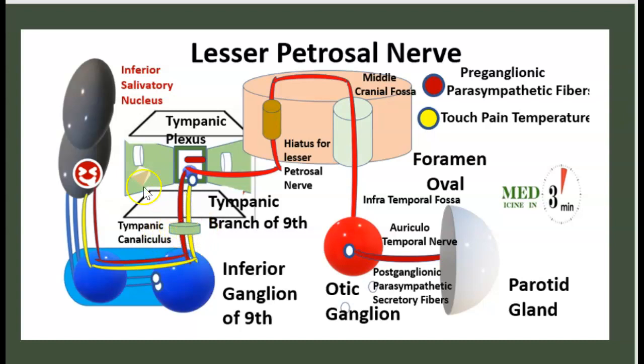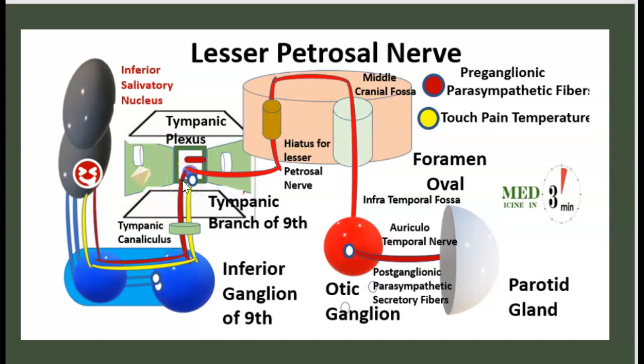They emerge through the floor of the middle ear through the tympanic nerve branch of 9 to reach the promontory at the medial wall of the middle ear cavity. They make there a network to supply the middle ear cavity. Touch, pain, and temperature terminate here.